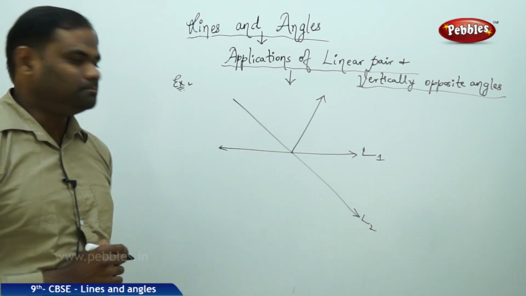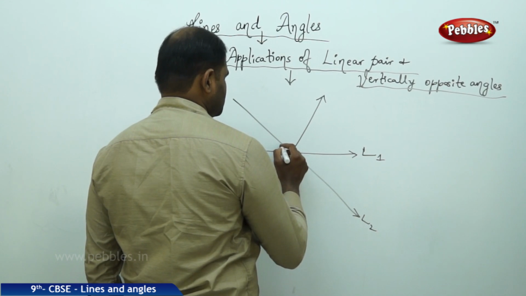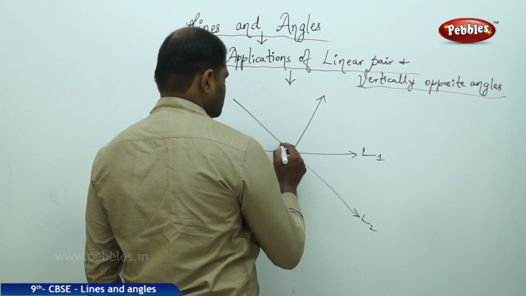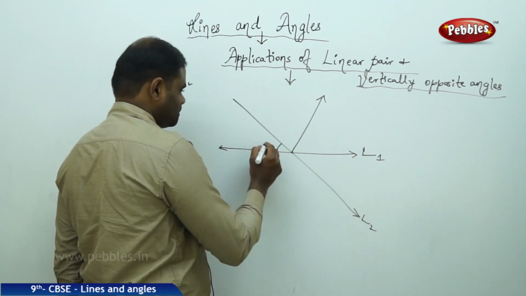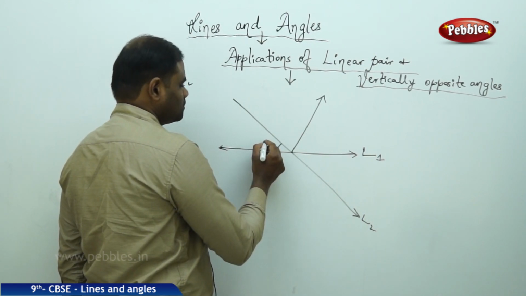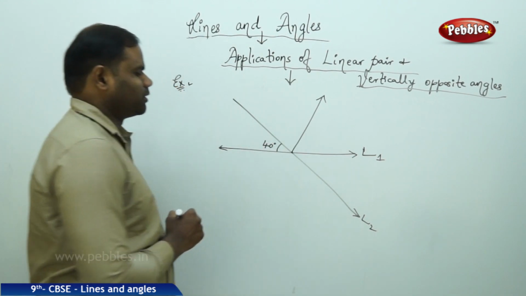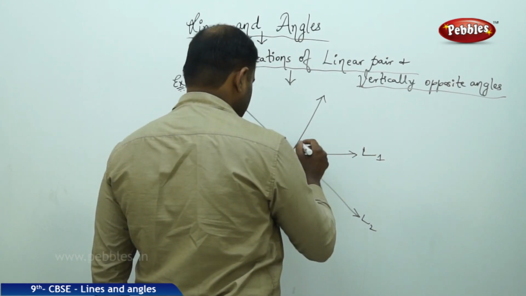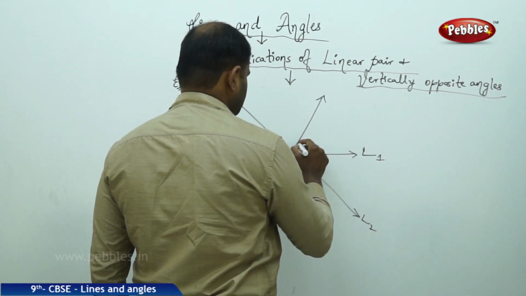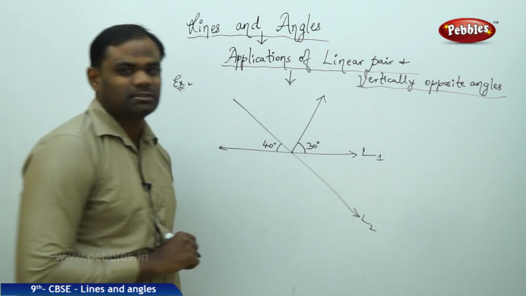Now here I have this to be 40 degrees, and then this is given to be 30 degrees.